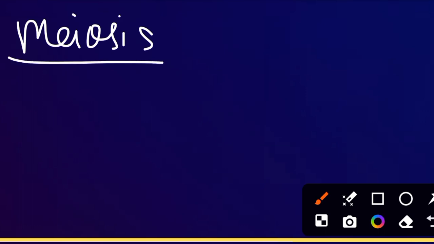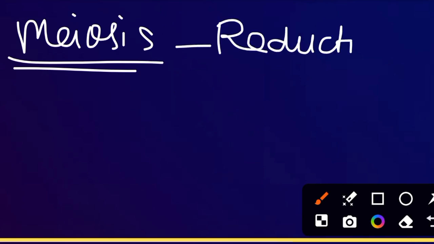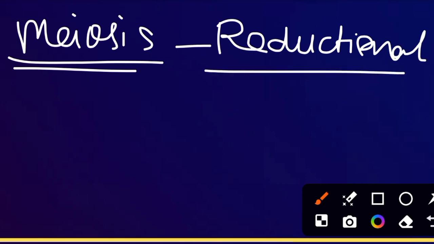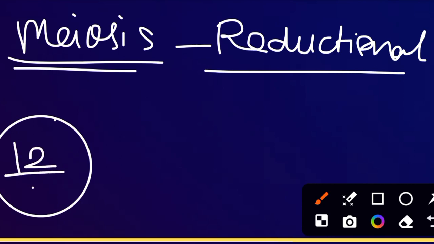Now what is meiosis? Meiosis is the process, it is known as the reductional process. Now in this process what happens, for example, inside the cell chromosomes are there, right? So here is one cell. This cell has, let's suppose, 12 chromosomes inside it.